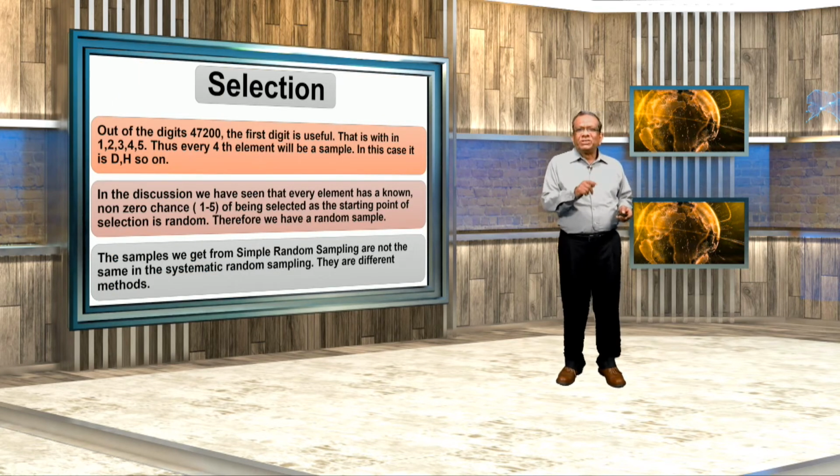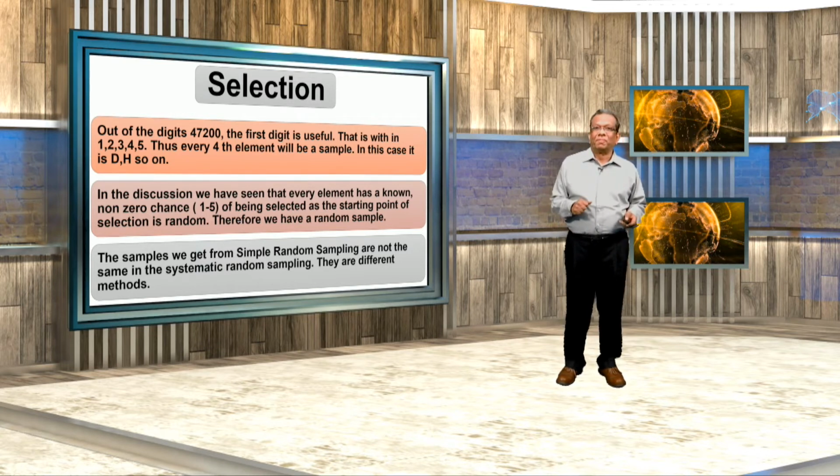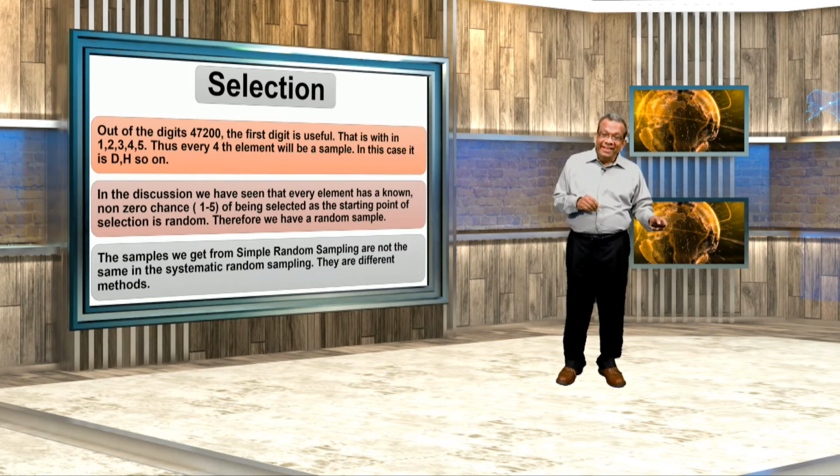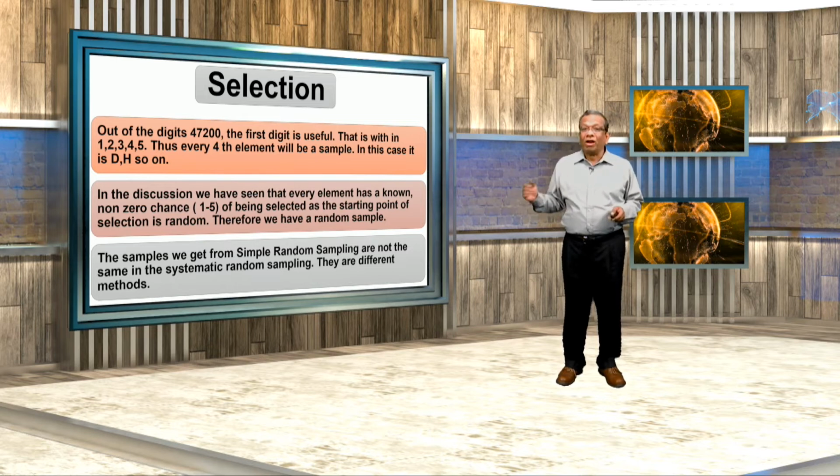Out of the digits 47200, the first digit is useful. For example, if the first digit happens to be 0, I think we may have to use the next digit. This is within 1, 2, 3, 4, 5. Thus, every 4th element will be a sample. In this case, it is D, H, and so on.